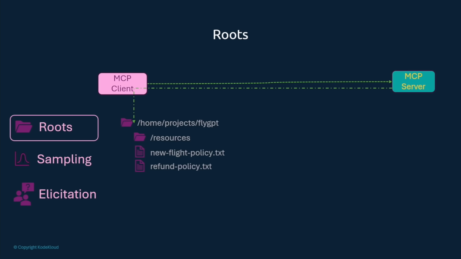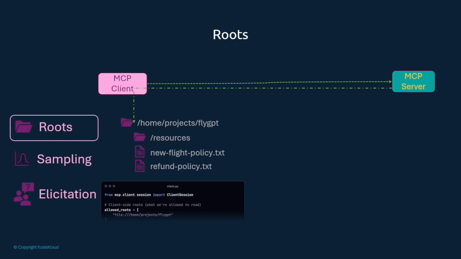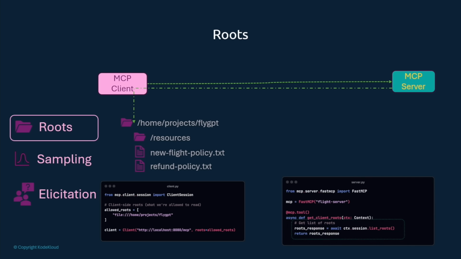Some MCP tools like code linters, compilers, and file readers need access to real files, your project folders, but for security, the server shouldn't have access to your entire machine. So the client says, here are the safe folders or roots I'm willing to expose to the server. For this, on the client side, we define allowed roots and include that while creating the client session. And on the server side, we use the context.session.list_roots method to get the list of roots allowed.